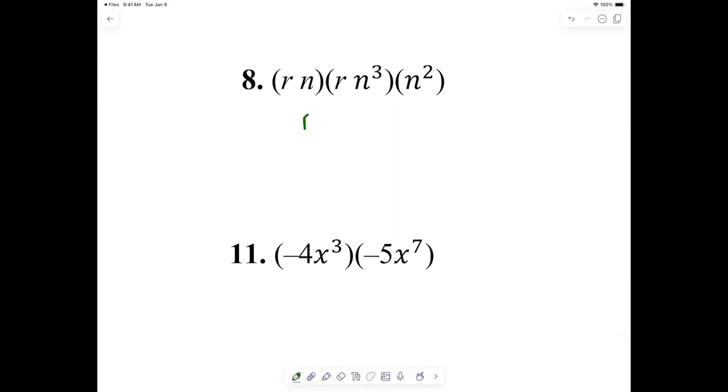R to the what power? You got the different one because there's different letters now. Highlight or underline for me this R and this R. What are those exponents? 1. So it'd be R to the what?